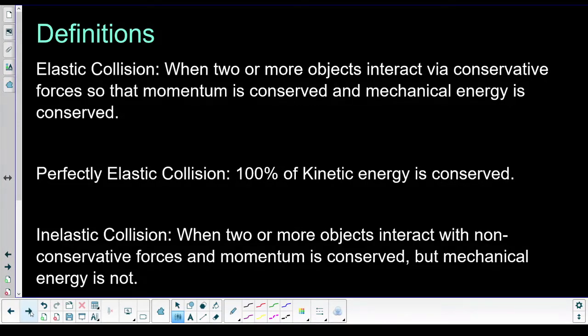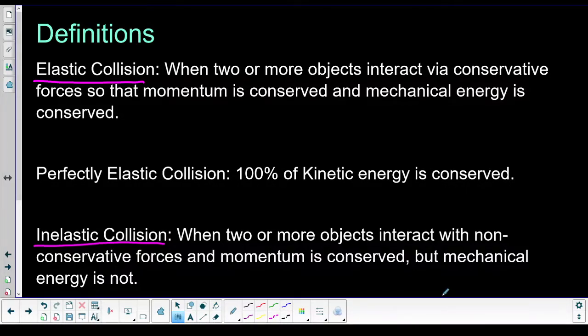There are two categories, and those two categories are elastic collisions and inelastic collisions, which is like saying collisions and not collisions, right? Like these things and the opposite of these things. It seems like you could do that with a lot of different categorizations, but let's talk about them.